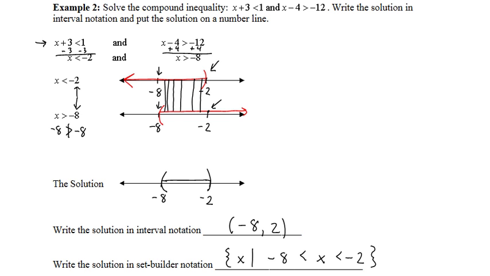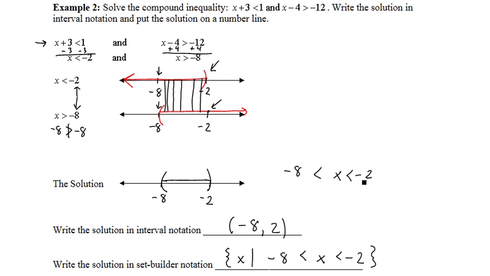So this means that x lies between -8 and -2. All these numbers lie between -8 and -2. -8 is less than all of these, which are less than all of these.